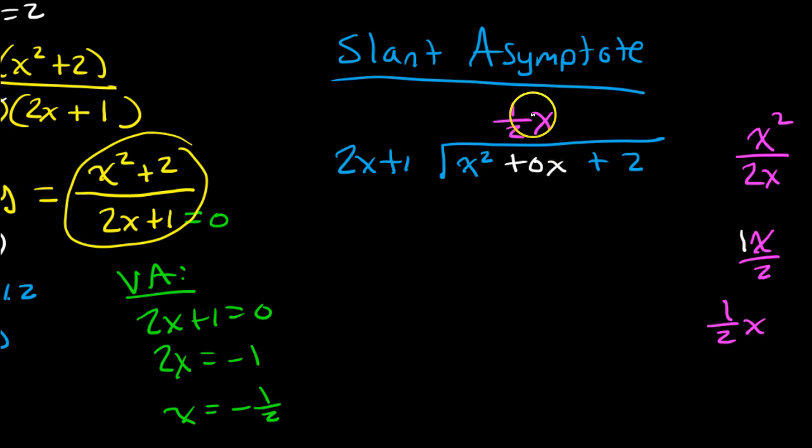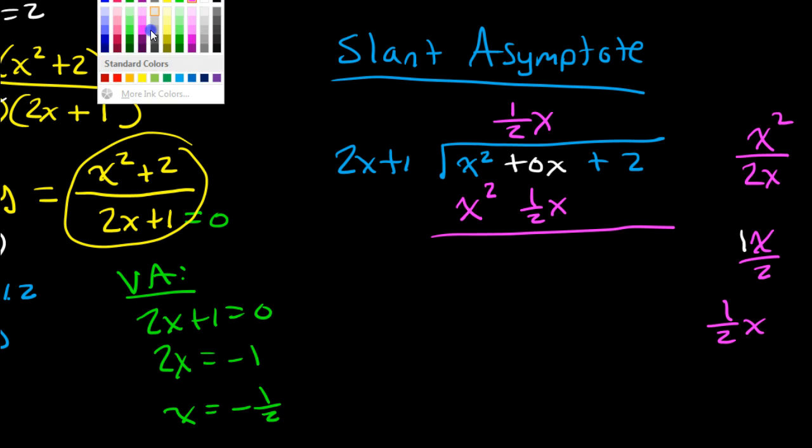Now I need to take this 1/2 x and multiply across. So 1/2 x times 2x. Half of 2 is 1, and x times x is x squared. So this will just be 1x squared, or x squared. 1/2 x times 1 is 1/2 x.